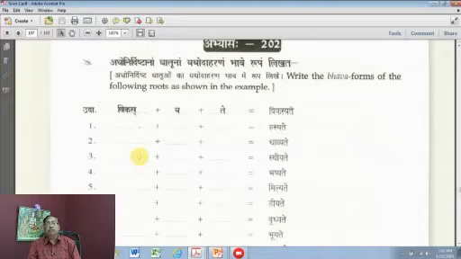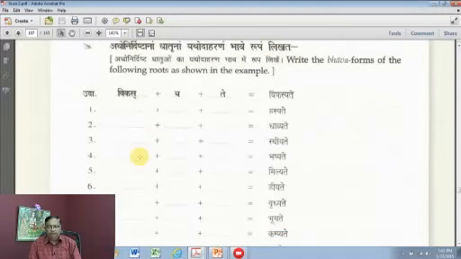Da diyate, stha stiyate, ma miyate, pa piyate. So all such ending dhatus become i in this construction, whether it is in passive or in bhave prayoga. So here stha becomes stiyate.